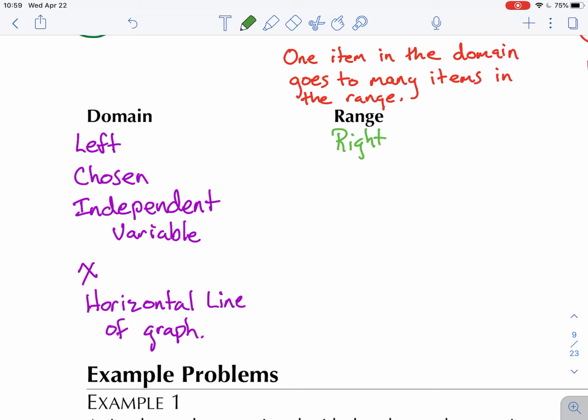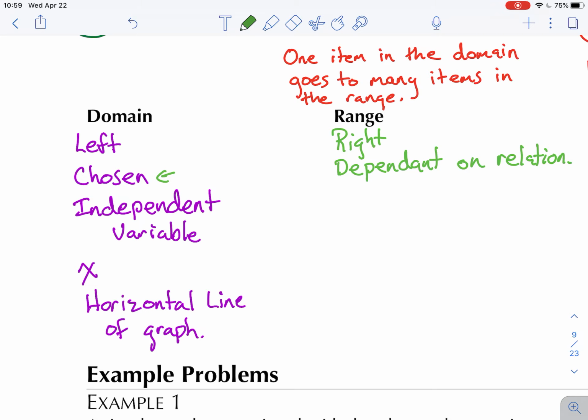Whereas our range values are usually on the right. Well, they're always on the right. They are dependent on the relation. So we choose our domain value, and that chosen domain value will give us a certain range depending on what our relation is.